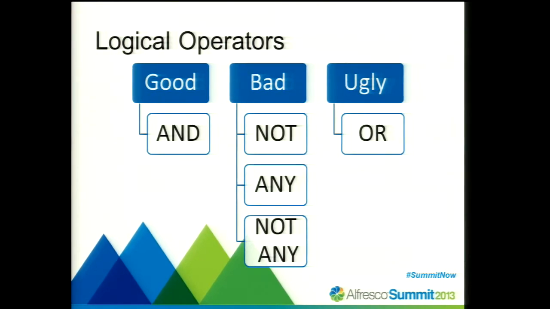So we support AND, and that is good, because it's generally increasing the selectivity of any of the queries that you execute. The rest of them tend not to be; we're talking about less selective queries if you use NOT, or ANY for multi-valued properties, or NOT ANY for multi-valued properties. And as I've already said, we're not going to support OR, and if we ever do support OR, it'll be in a limited case.